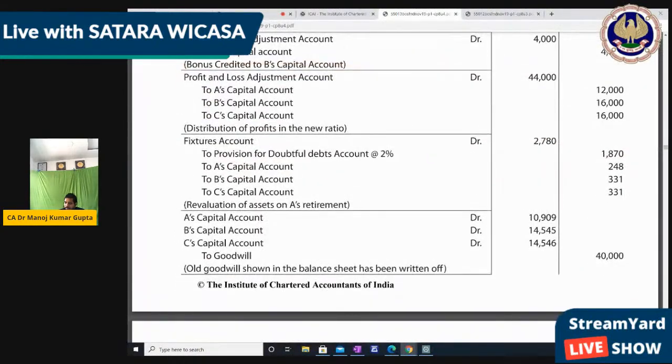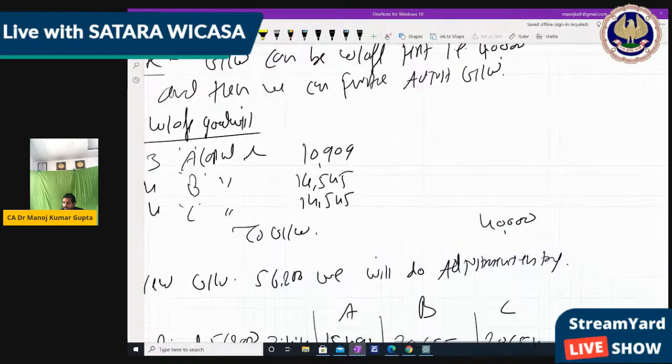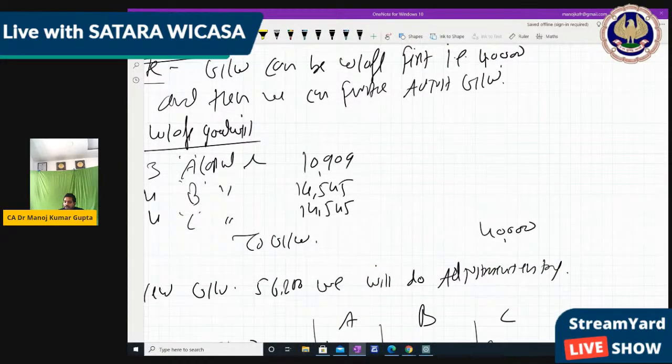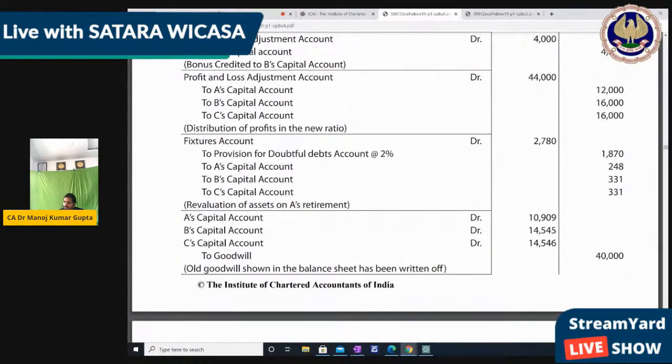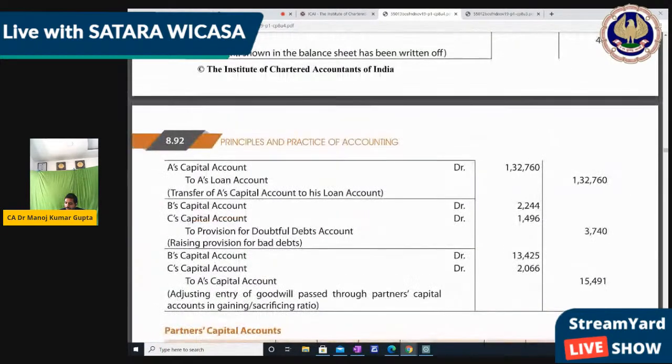You can see also, they wrote off the goodwill 10,909, then 14,545, 14,545, they made it 14,546, no problem. Then for goodwill adjustment, they made this adjustment.